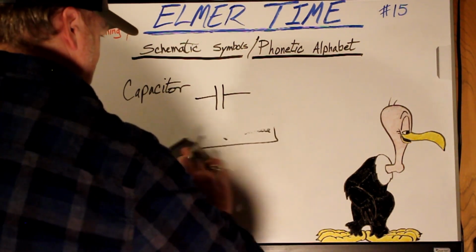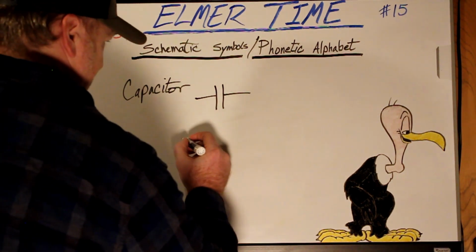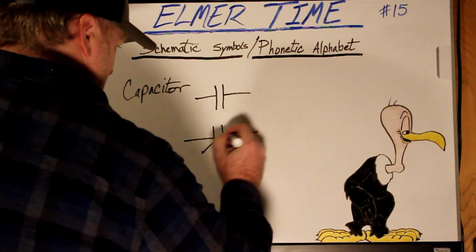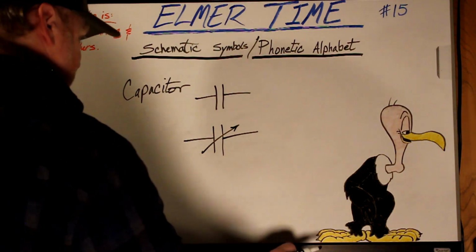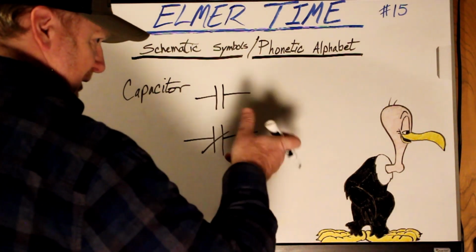And there's many different types of variations. There's a variable capacitor, like a tuning wheel.